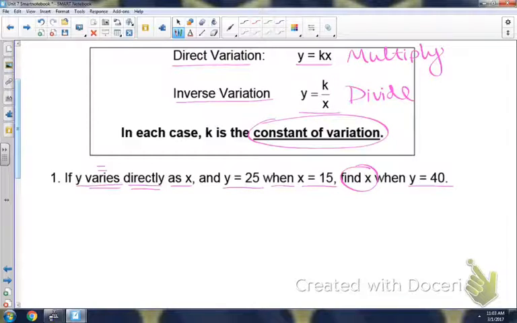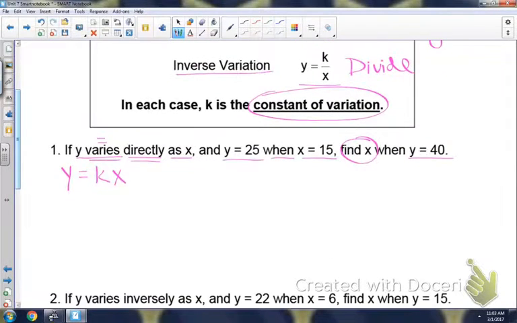In all of these examples, we're not going to know the constant of variation, which means we're not going to know k. So when you're reading your problem, you need to figure out which type of equation you need to set up. If it says varies directly, it's a direct variation. So that formula would be y equals k times x.